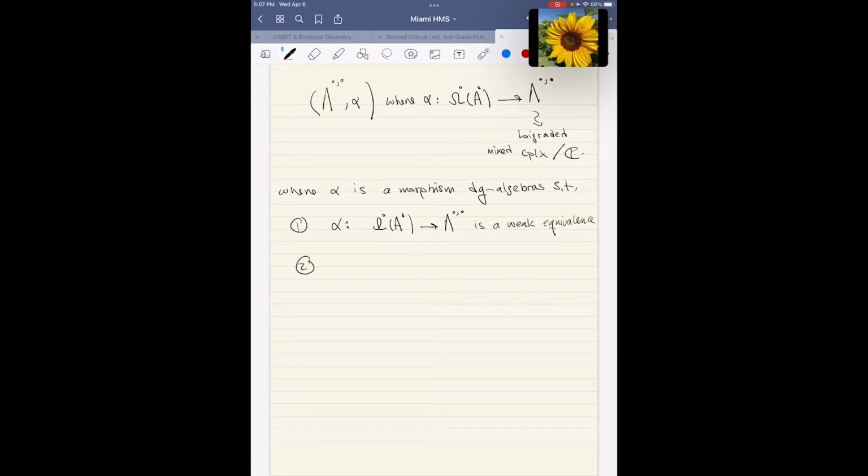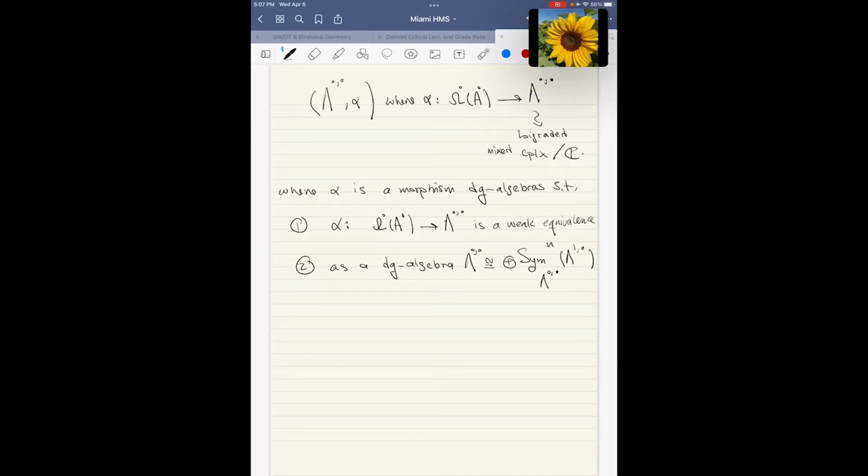Second of all, as a DG algebra, this bigraded complex itself needs to be written as a symmetric product over lambda 0 of lambda 1. Okay, so what does this say?